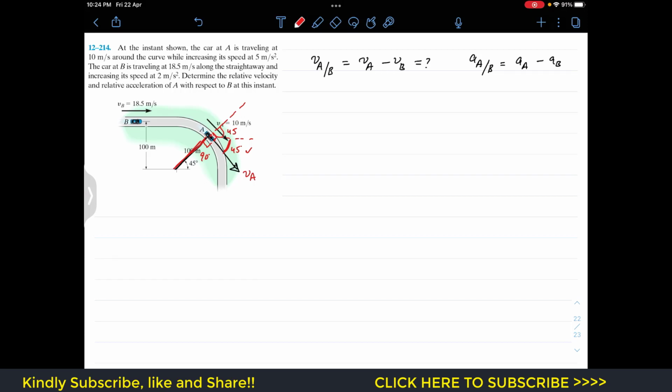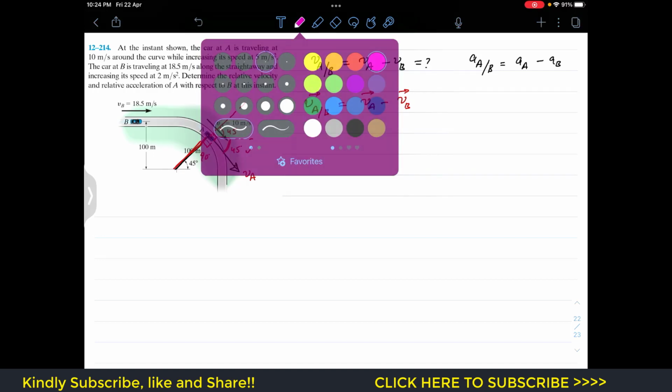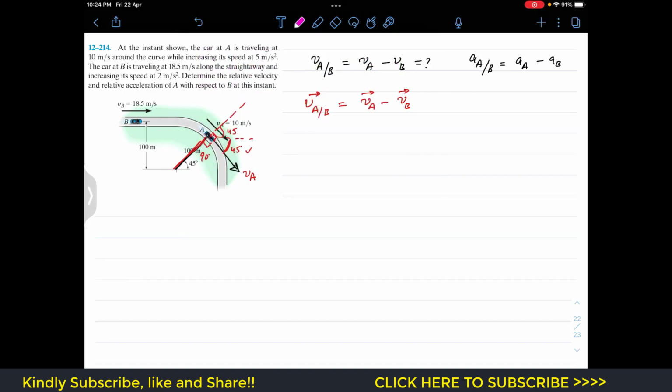So now by vector addition we can say that the VAB vector will be equal to the VA vector minus the VB vector. Now let me draw the VA vector. VA vector is making 45 degrees with the horizontal.